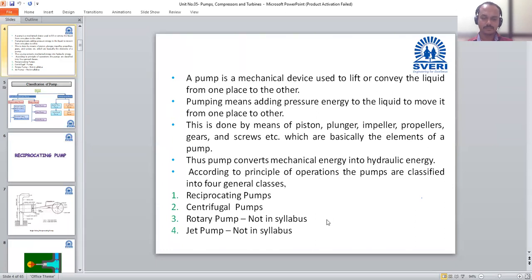No, sir. Okay. Because the diagram also you have to draw.